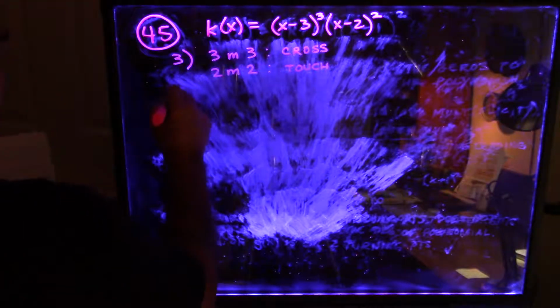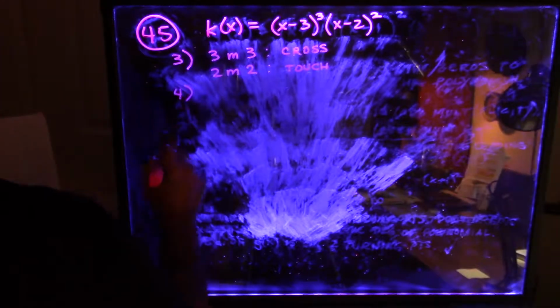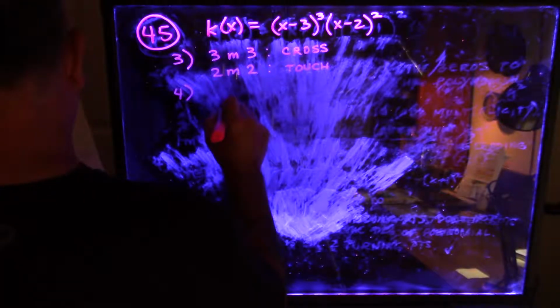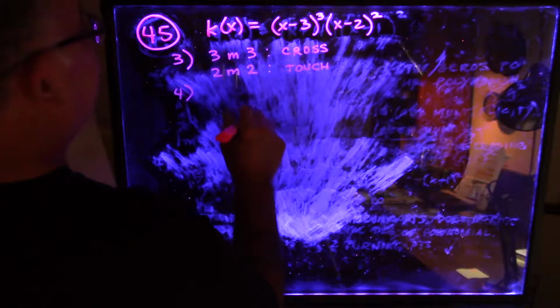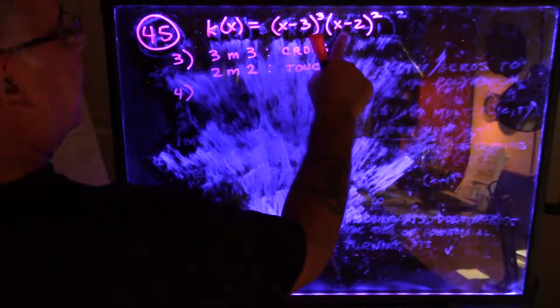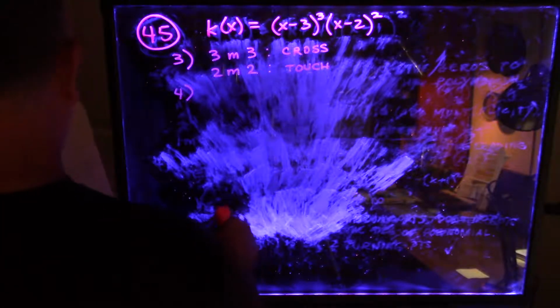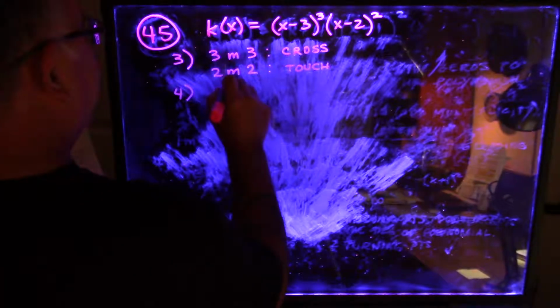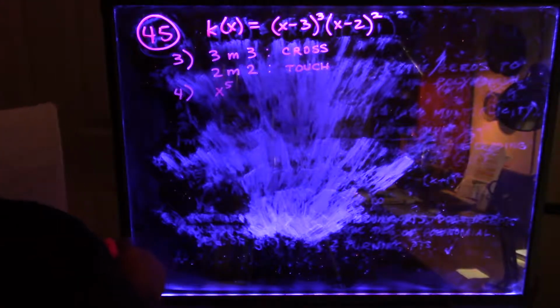Alright. So step 4. Determine end behavior. So the leading term, when you multiply all this out, you're going to get an x cubed times an x squared, which is x to the 3 plus 2 equals x to the 5th. Alright, so the leading term is x to the 5th.